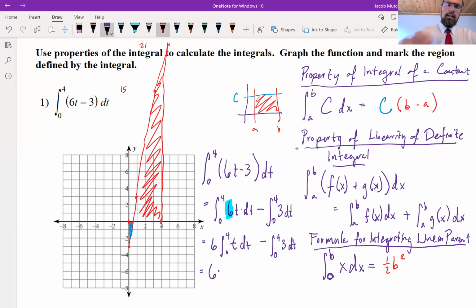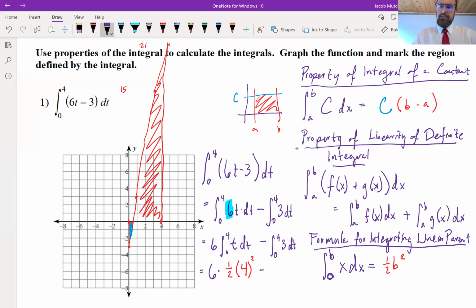So this is going to equal half my b value, which is my upper limit of the integration, 4. So that's going to be 4 squared. So notice we're turning it into a numerical expression. Well, that takes care of that first integration.